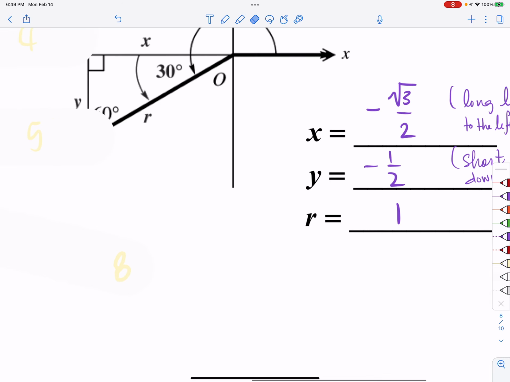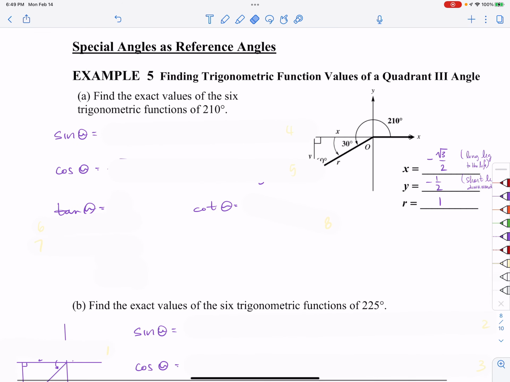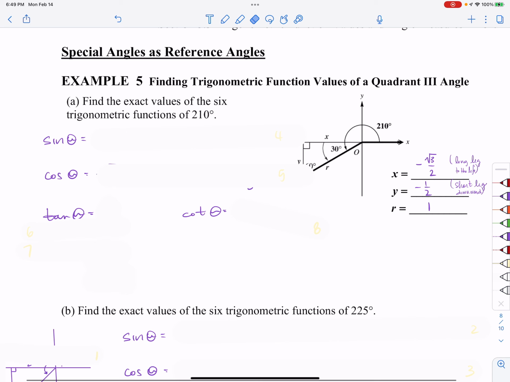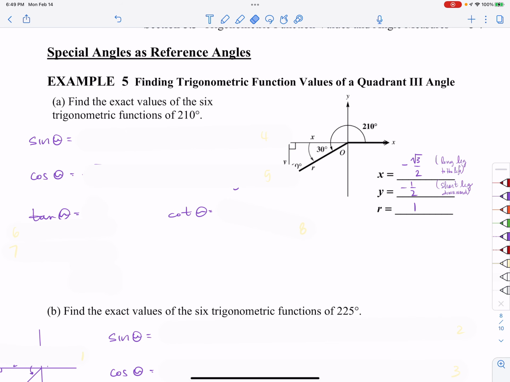And once I have my x, my y, and my r, it's really simple to get all of my 6 trig values. So my sine value then is going to be y over r. So that's going to be my -1/2 over 1. And then I can also easily find out what my cosecant is by taking the reciprocal.